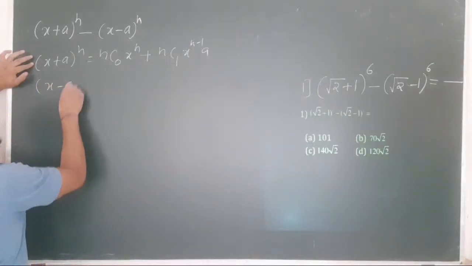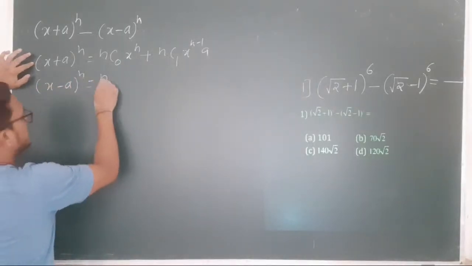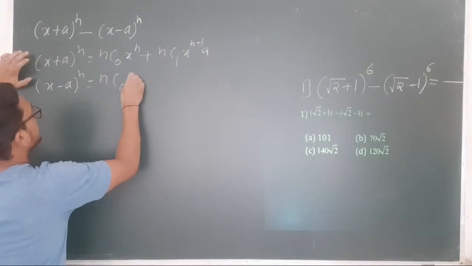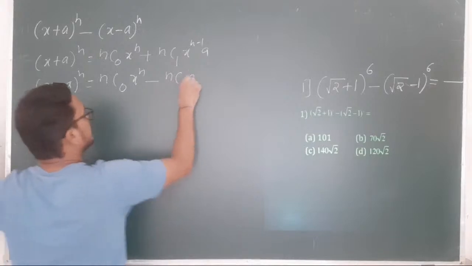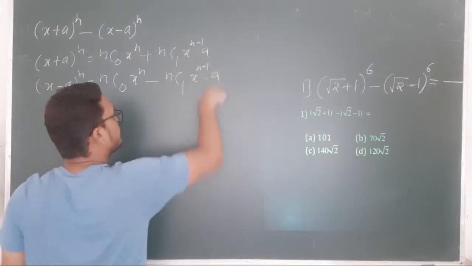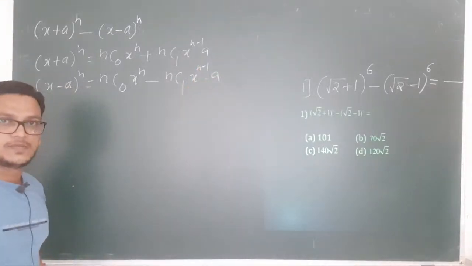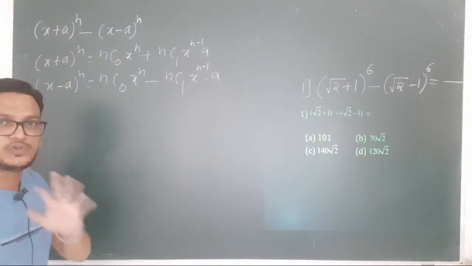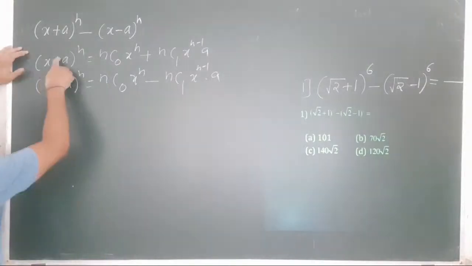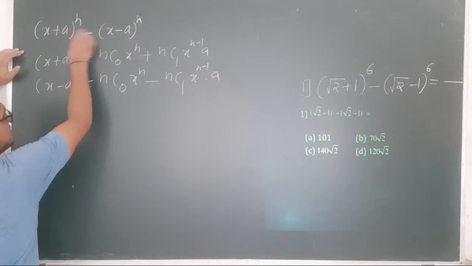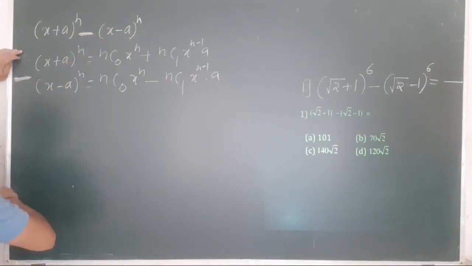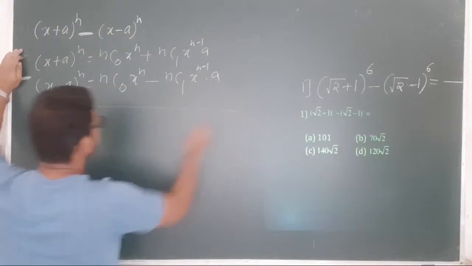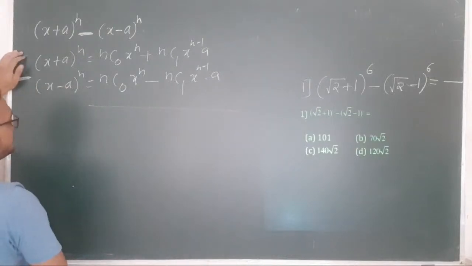If I expand (x minus a) to the power n, it is nC0 x to the power n minus nC1 x to the power (n minus 1) into a. By taking just two terms, I am showing you the difference. When you do the subtraction, the signs change.